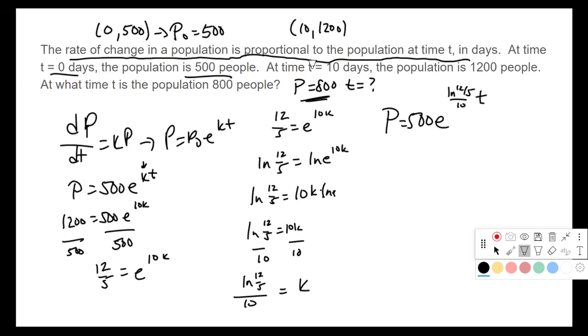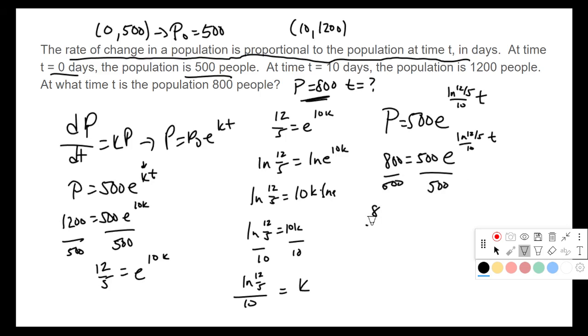And now I want to know how much time it takes for the population to be 800. So I'm going to put 800 in. 800 equals 500 e to the natural log of 12 over 5 over 10 t. All right, so now I'm going to solve this for t. Divide both sides by 500.